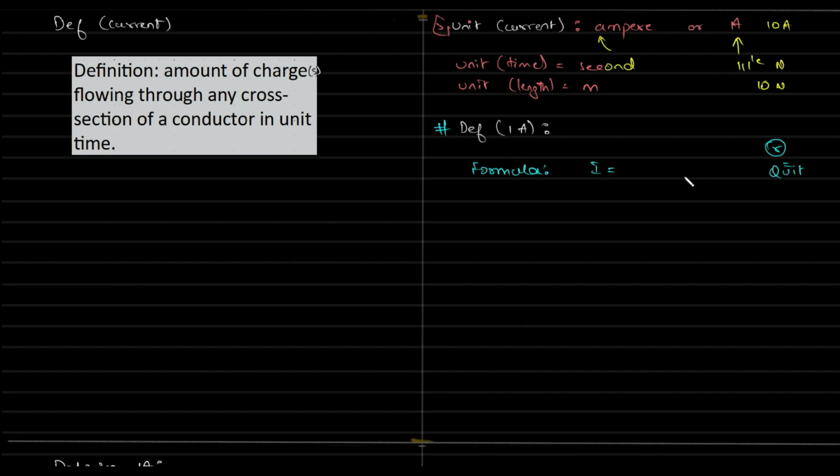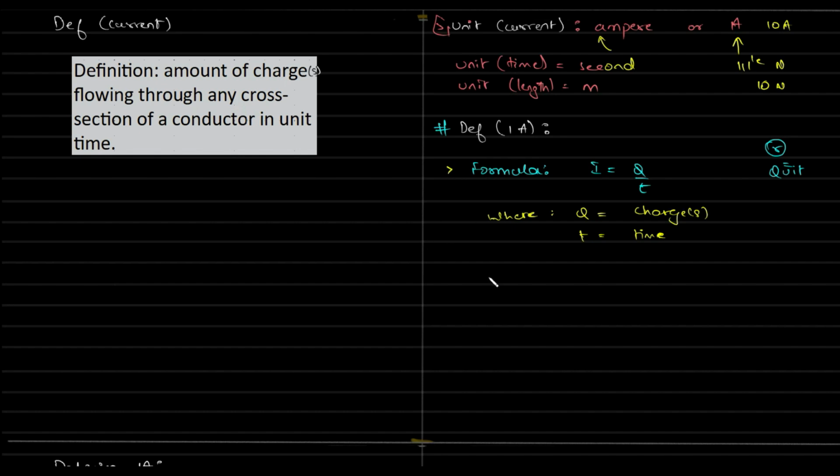Q is equal to I into T, so I is equal to Q by T, where Q is charge and T is time. So the rate of flow of charge with respect to time is your current.